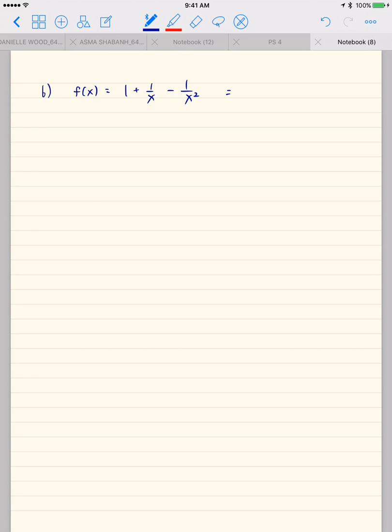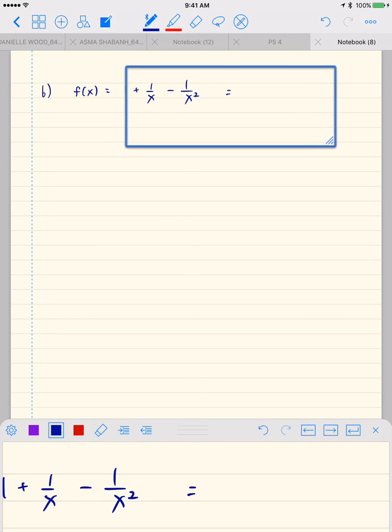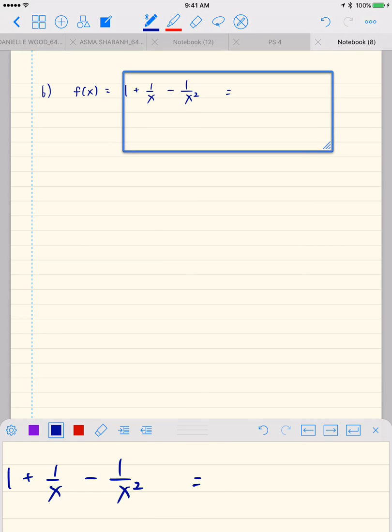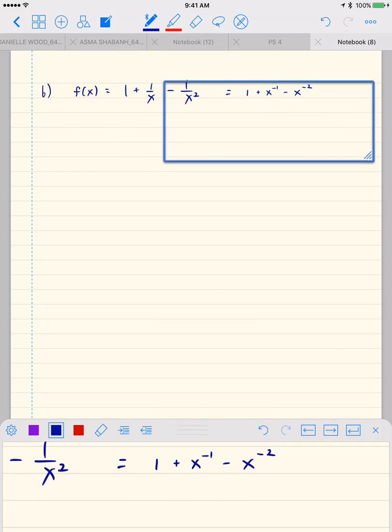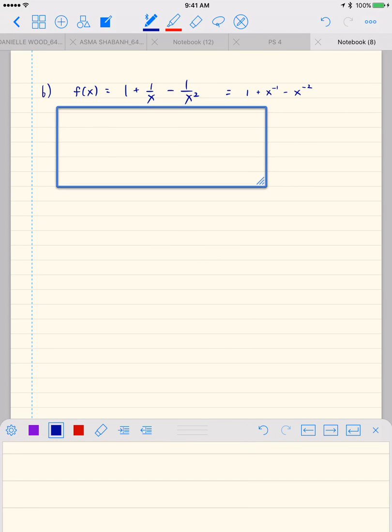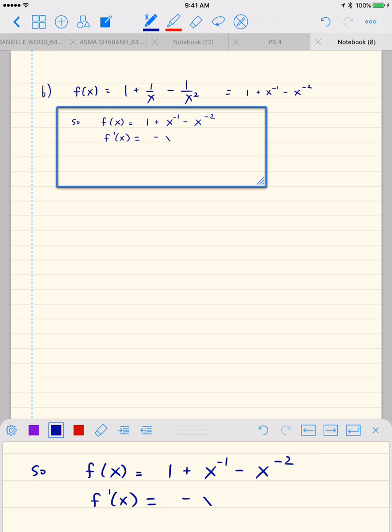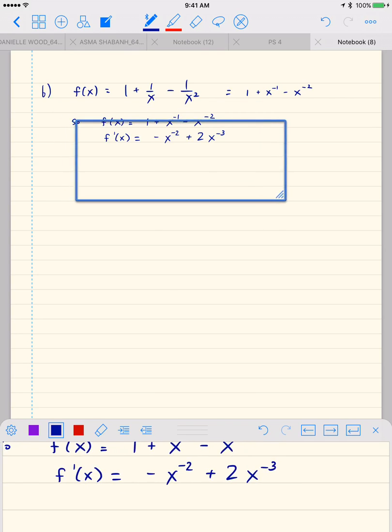I'm going to rewrite this as 1 plus x to the negative 1 minus x to the negative 2, because then it is easier to see my derivative. Okay, so since f of x is equal to 1 plus x to the negative 1 minus x to the negative 2, f prime of x, just using the power rule, is going to be negative x to the negative 2 plus 2x to the negative 3.